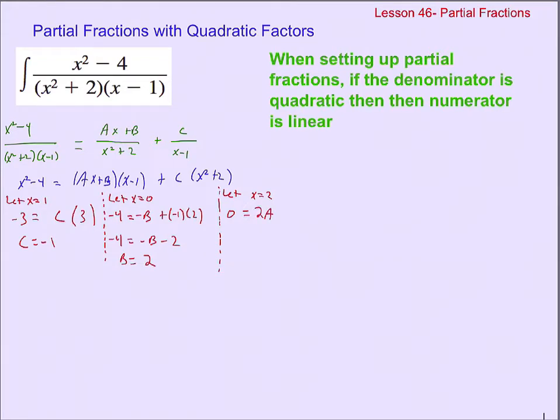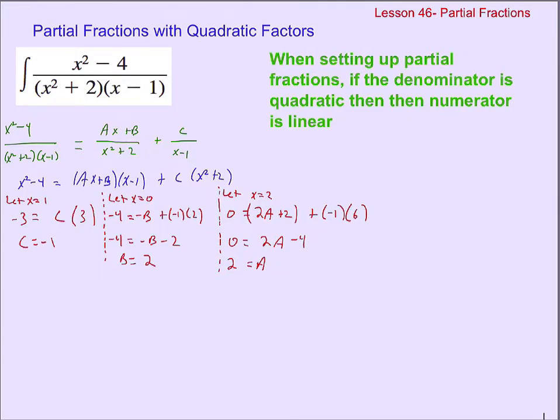Plus b, but we just said that b is equal to 2, times 2 minus 1, which is just 1, plus c, which we already said before is negative 1, times 2 squared plus 2, which is 6. So 0 equals 2a, and the plus 2 minus 6 is minus 4. So add 4 to both sides and divide by 2. A is equal to 2.